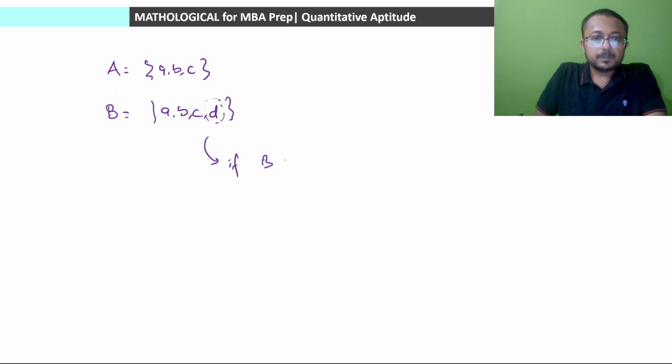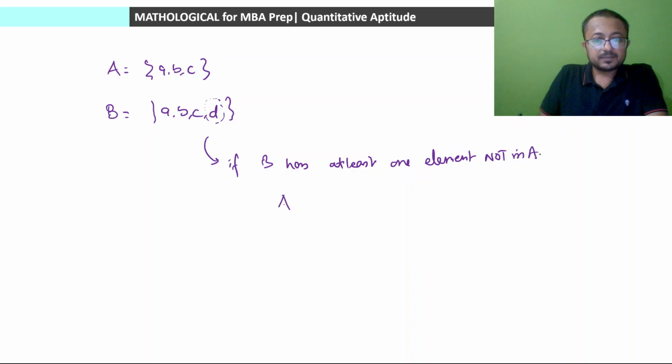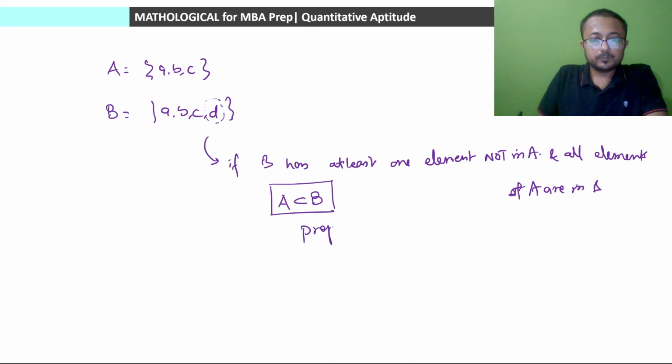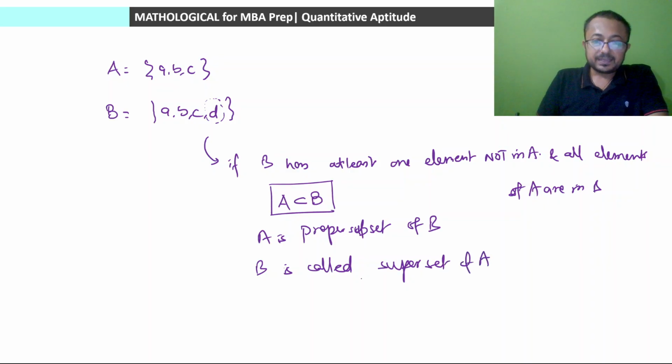So if B has at least one element not in A, and all elements of A are in B, in such a case, A is a proper subset of B. So A is a proper subset of B, and B is called a superset of A, because B contains A. Superset implies that B contains A.